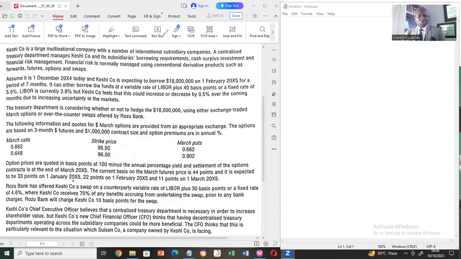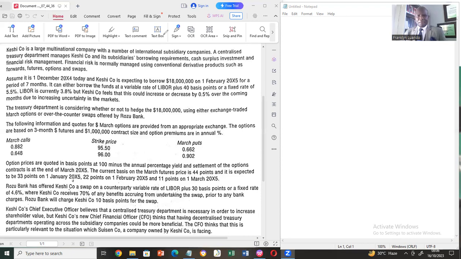So today it will be borrowing. 18 million on 1 February 20x5 for a period of 7 months. It can either borrow the funds at a variable rate of LIBOR plus 40 basis points. So plus 40 basis points simply means 0.4.